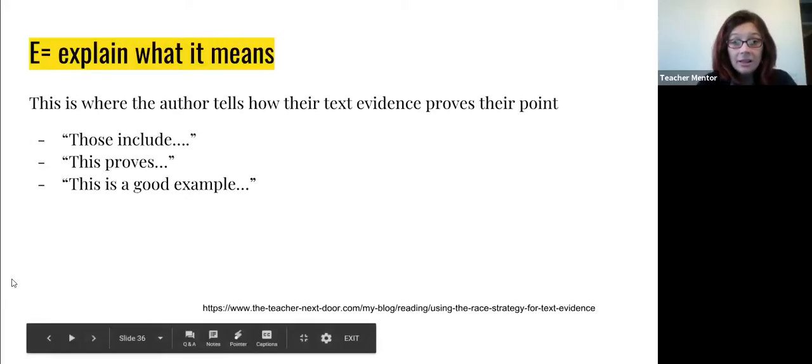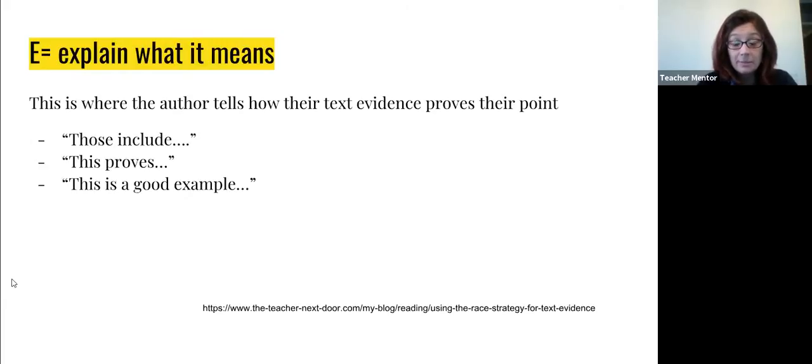Okay, the E in RACE is going to explain what it means. Okay, why does the in-text cite help prove your point? Okay, so we could start by saying those include, this proves, this is a good example. Okay.